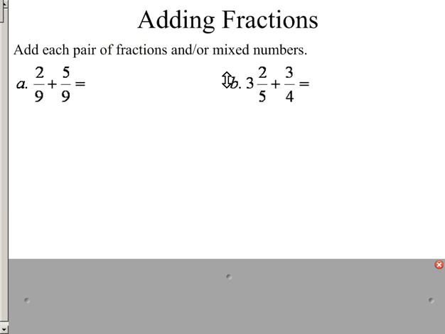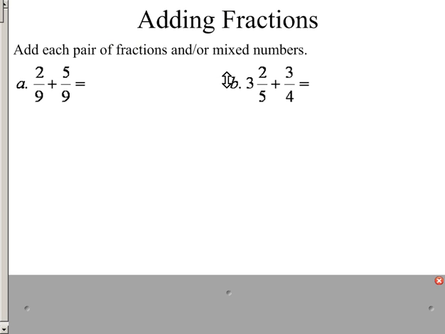Okay, so here we go, adding some fractions. Each pair of fractions and or mixed numbers, we want to add these two different examples. The first example here should be pretty straightforward. 2/9 plus 5/9. We already have common denominators, so when the denominators are the same, we're in good shape.